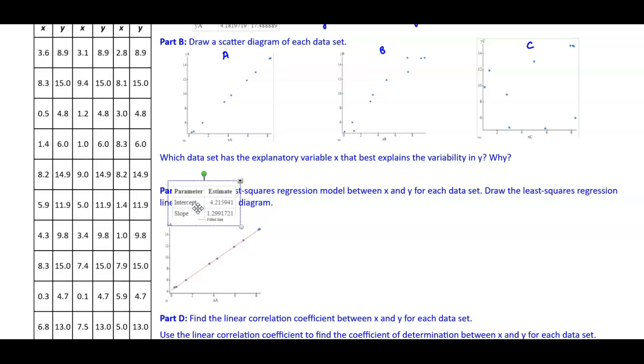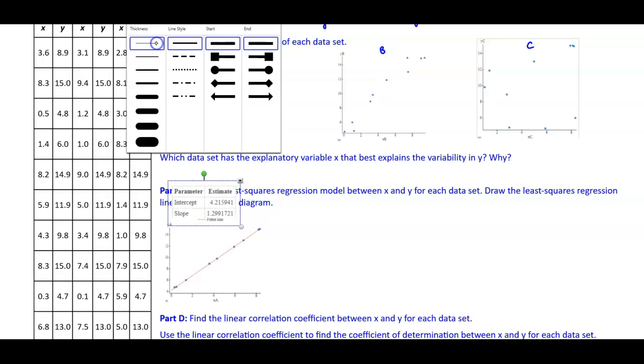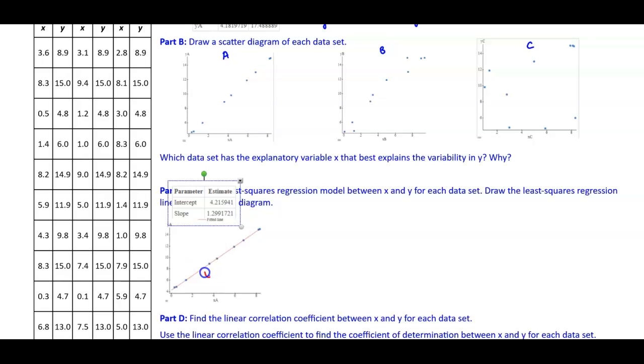So for this equation, y hat for data set A is equal to the slope, which is 1.299x, plus the y-intercept, which rounded to 3 decimal places is 4.216. Okay, so that gives us that information.